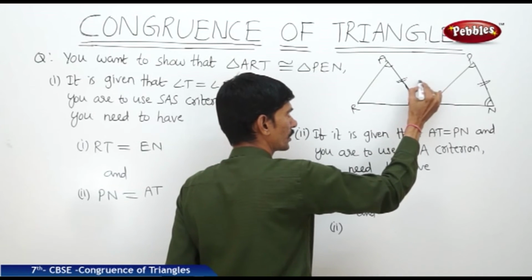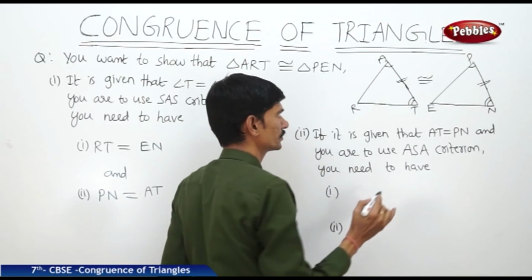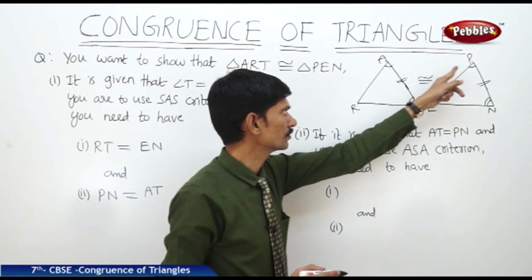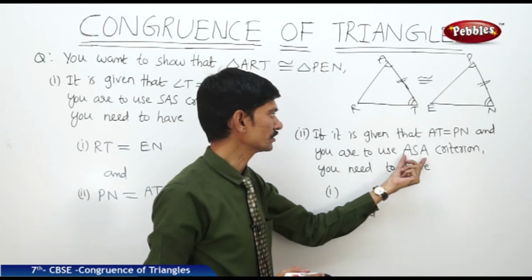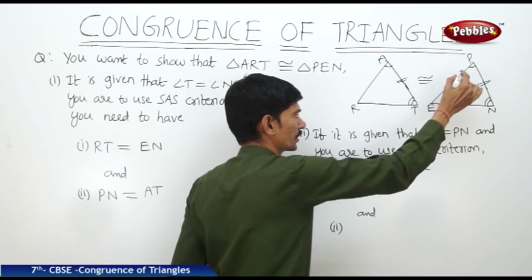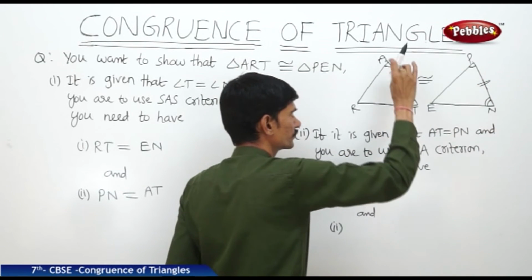When the two triangles are congruent, then the corresponding parts must be equal. So angle A equals angle P according to the ASA congruence criterion. Angle, side, angle. So here also we can take angle, side, angle.